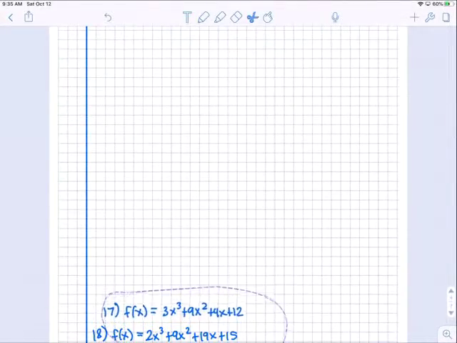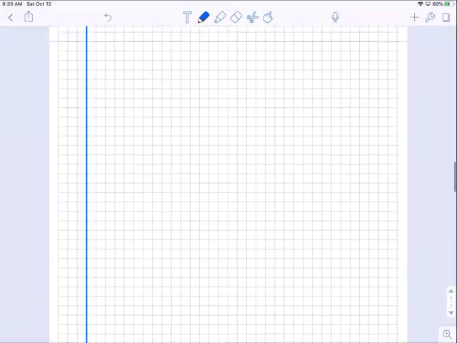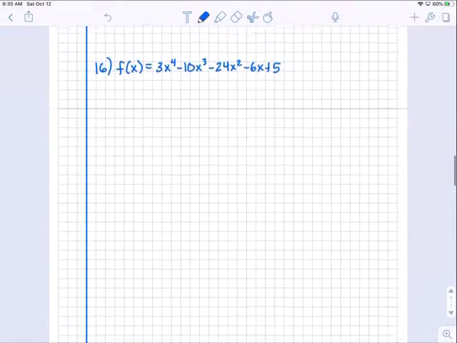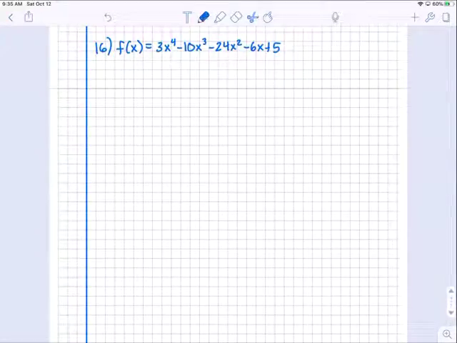For number 16, same thing, so we have to find our p's and we have to find our q's. So here's your p, which is this 5. And here's your q, which is that 3.